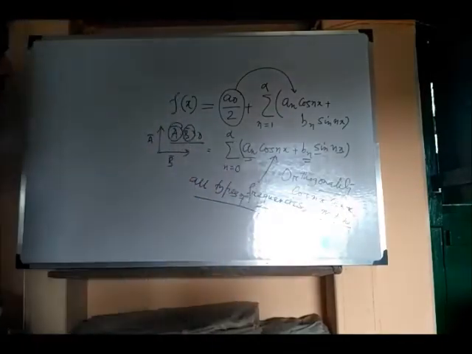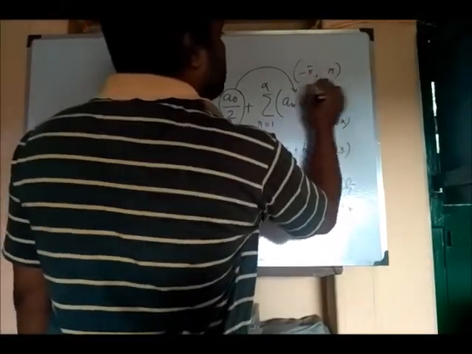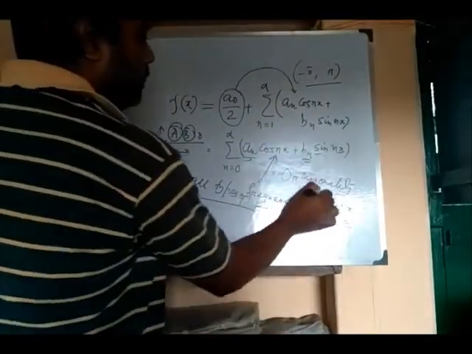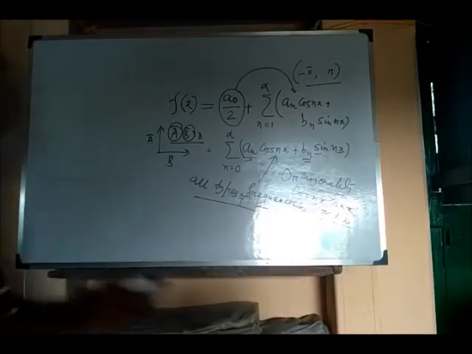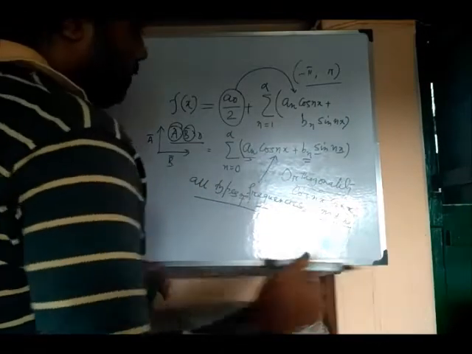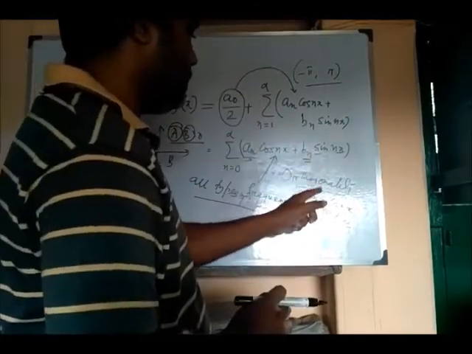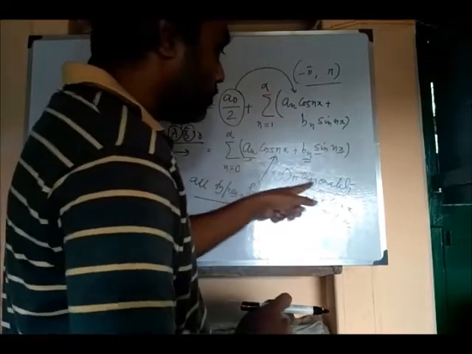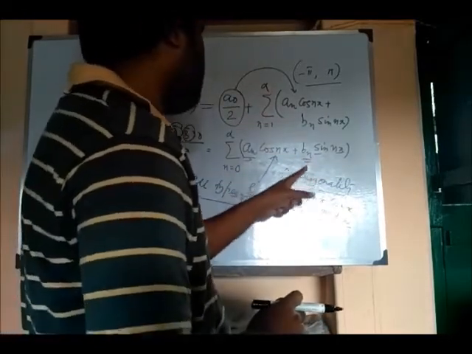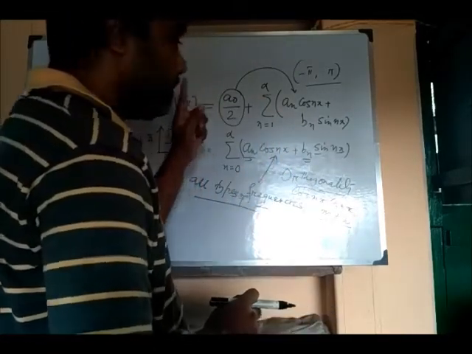So within the bound limit minus pi to plus pi, this orthogonality relation holds good. Not within all ranges, but within minus pi to plus pi, you can definitely say that the cross terms have orthogonality relation. So the orthogonality relation is the basis of determination of the coefficients of the Fourier series.